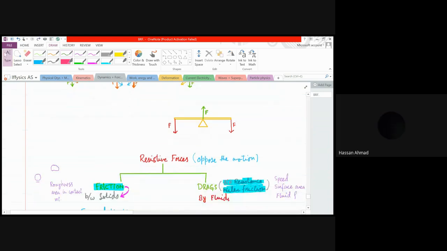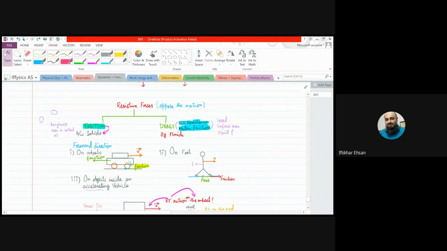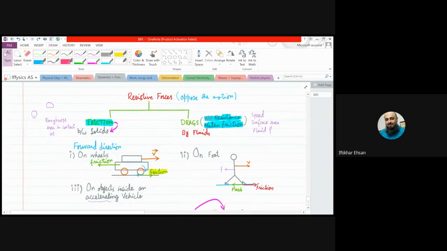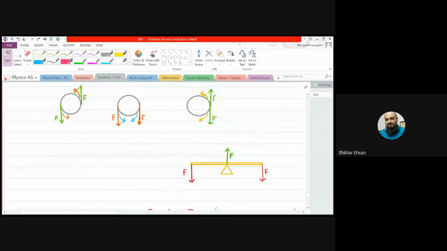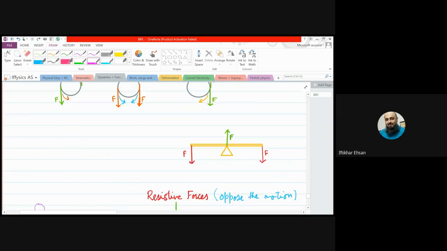Yes, sir. Now we are going to discuss the last point, resistive forces. Resistive forces are opposite to motion, they oppose the motion of an object. When a solid object is moving in contact with a solid surface, the force which opposes the motion of two solid surfaces in contact is friction, right?